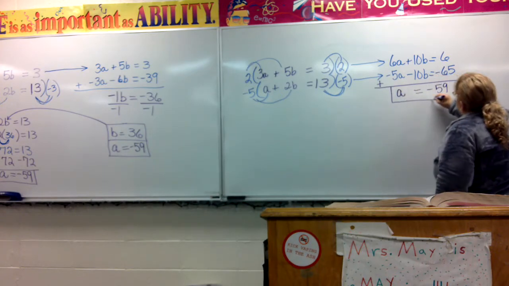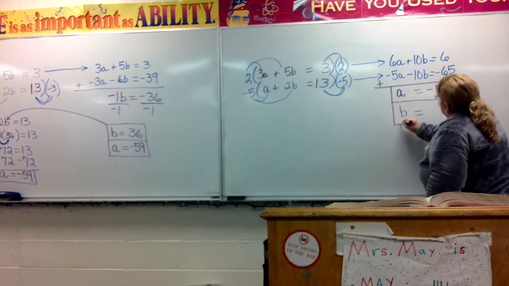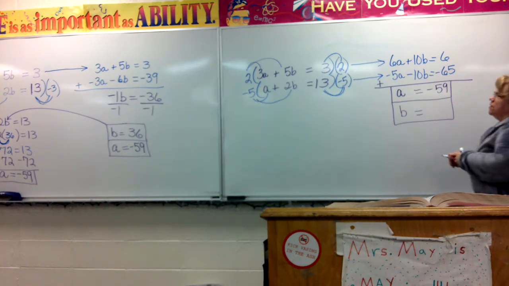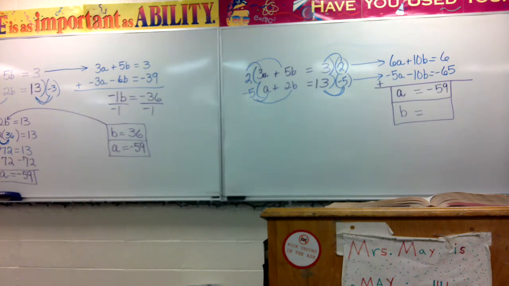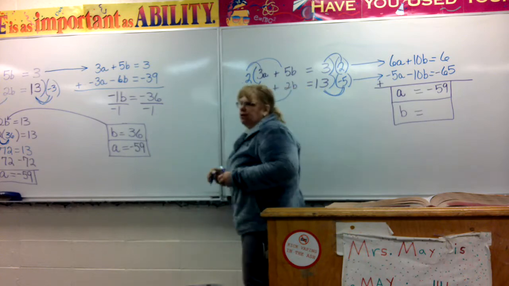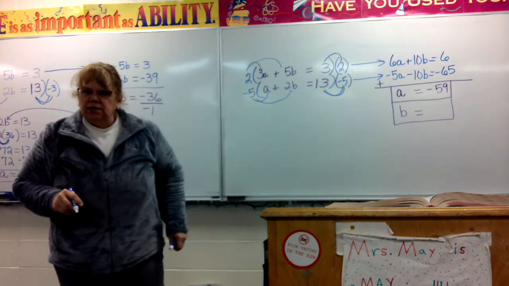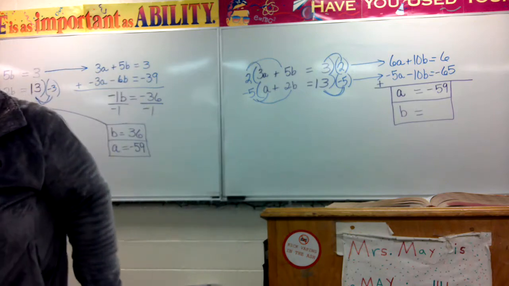What do I still need? I need to find what b is equal to. How do I do that? Remember, you can pick any of those. You can pick this one, this one, this one, this one. I usually pick the simplest one, right?